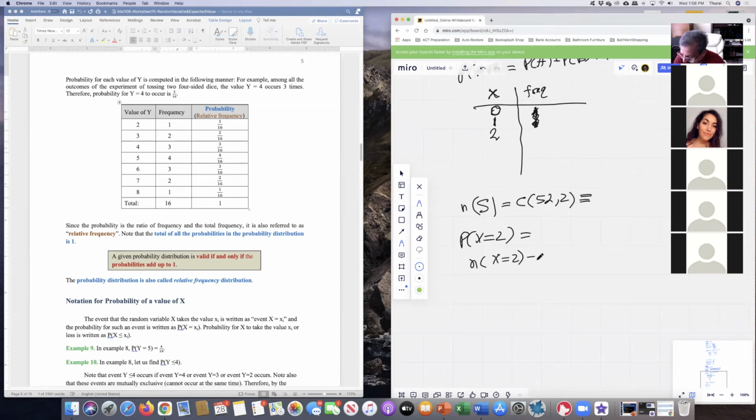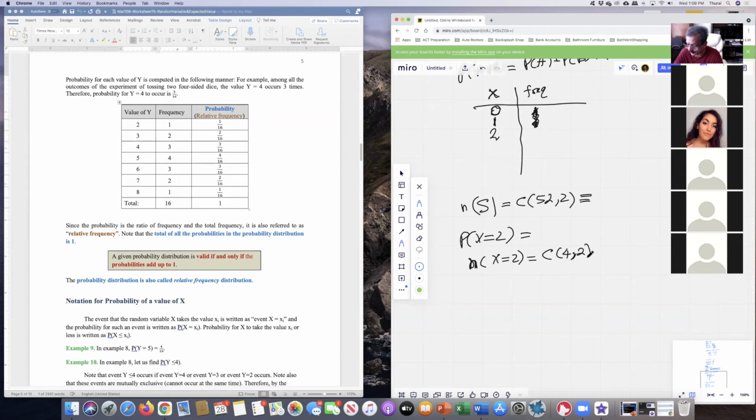That means two jacks. The number of elements in the event of getting two jacks is the same as the number of elements in the sample space that have exactly two jacks. Can somebody tell me what's the count of that? It's a combination of 4, 2. Exactly. There are 4 jacks in the 52 cards, and your 2 cards have to come out of those 4.